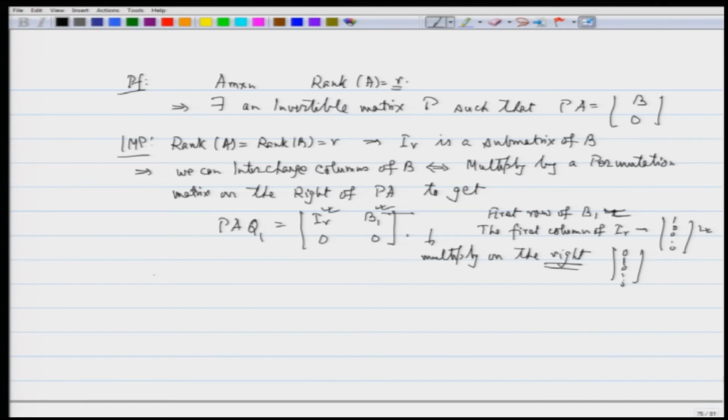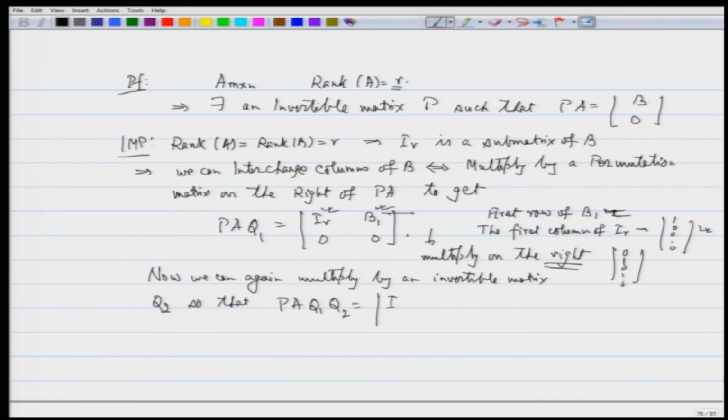So, what we are saying is that now we can again multiply by an invertible matrix, matrix Q_2, so that PAQ_1Q_2 is I_R 0 0 0, fine.